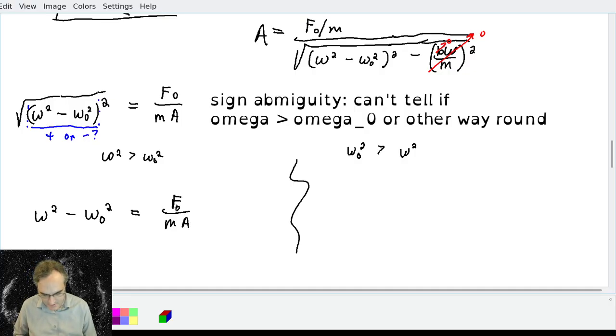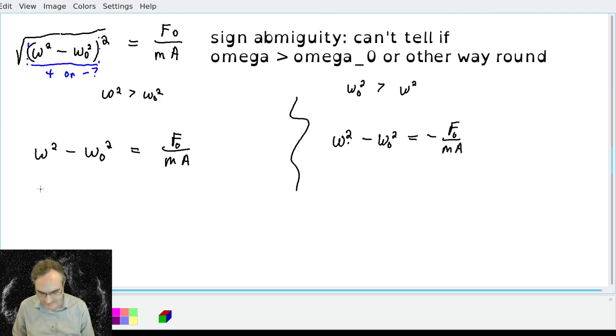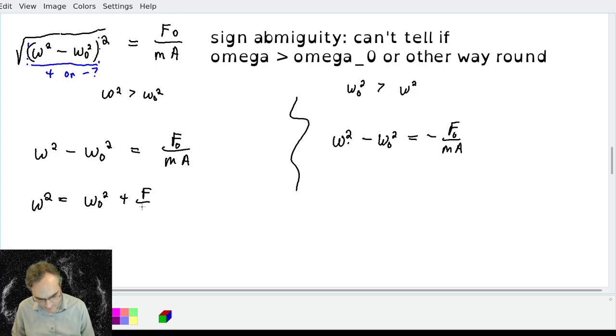If it's the other way around, we'll have omega squared minus omega naught squared set equal to minus f naught over mA. I'm going to get the equations done for finding omega in both cases here.